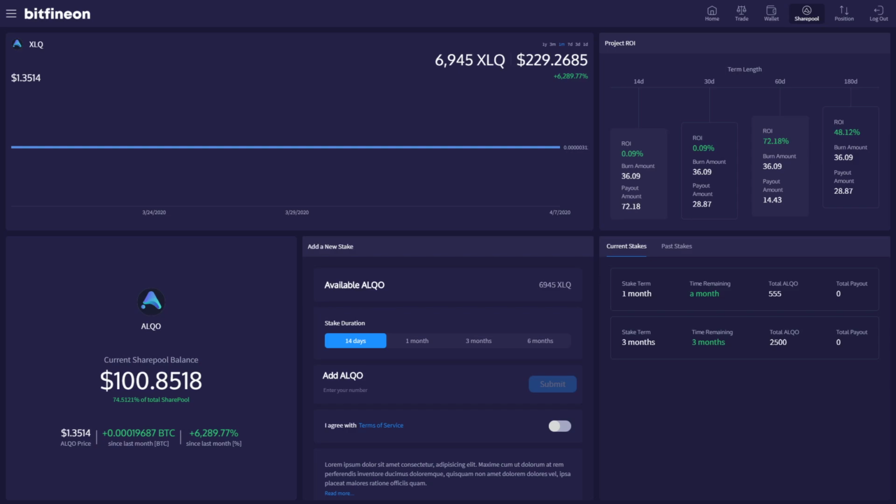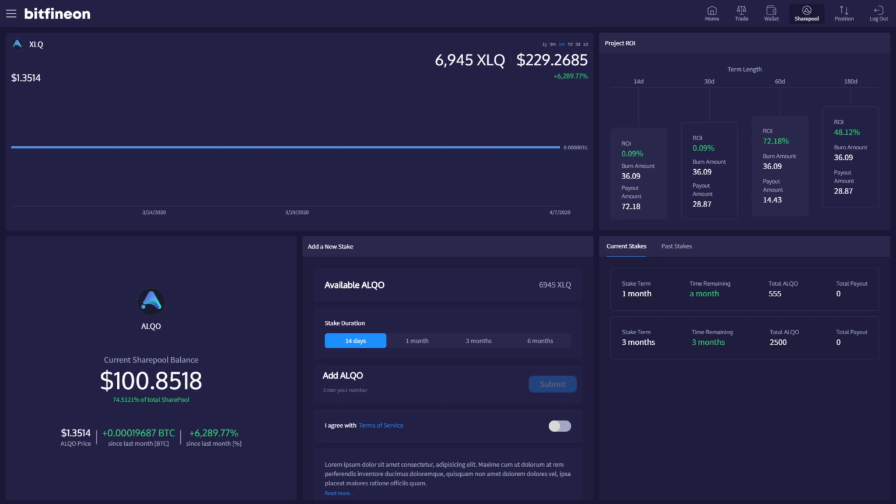So let's say we do 50 million in net profit in a month, so 25 million of that approximately can be expected to be redistributed back to XLQ holders via the share pool, which makes this potentially a very attractive feature.